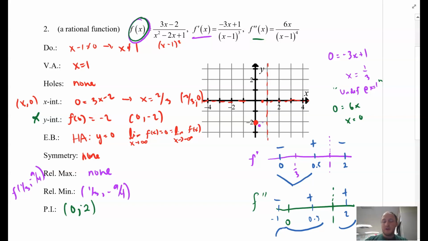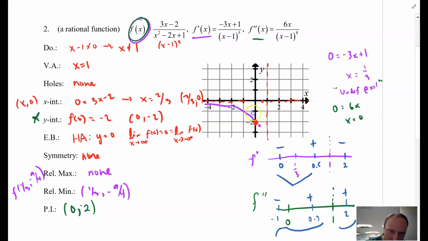Okay. And here's where we're going to use our calculus. Starting from the left, I know I'm going to approach my horizontal asymptote. I am decreasing from -infinity to 1/3. And I am concave down from -infinity to 0.